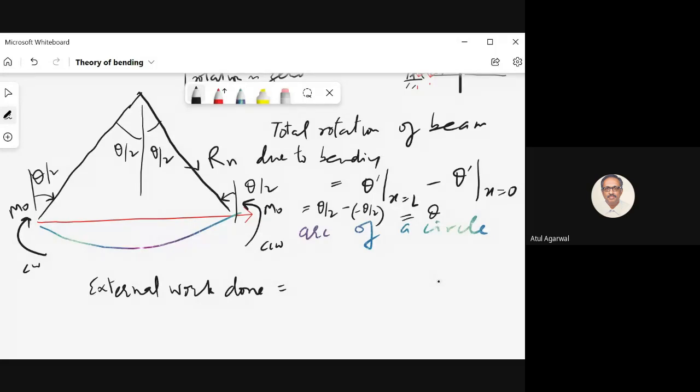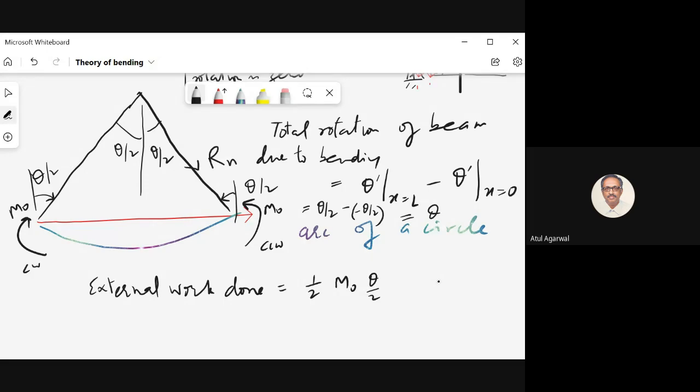Since moments are gradually applied, it's not a suddenly applied moment. The moment builds from zero to the final value. So the external work done by this external moment is half M naught into theta by 2.